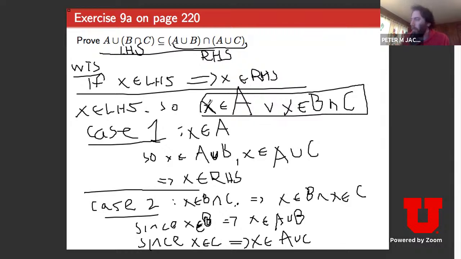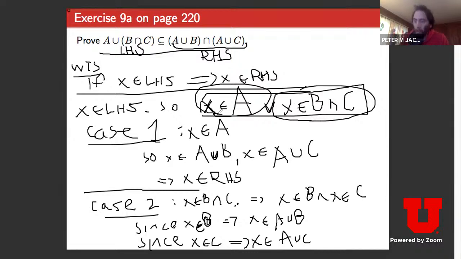So just from the truth table, if we have a statement which is a logical or, it means either this is true, or this is true, or they're both true. So in any case, one of these two statements is true.